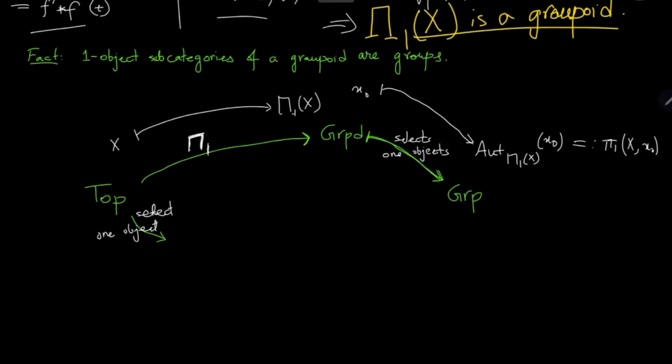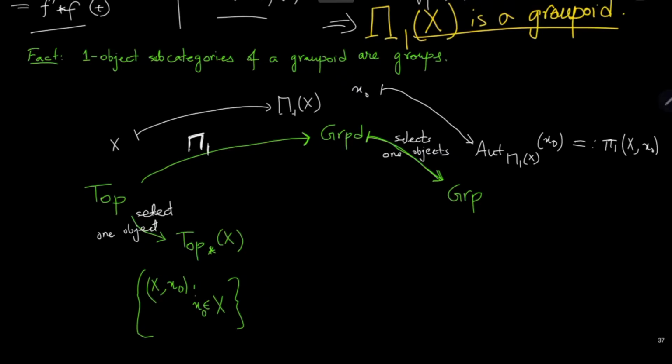So having selected one object, what we get is a subcategory of Top star, which I would like to call Top star of X. So what is this subcategory? This subcategory has objects looking like this, (X, x naught), such that x naught is a point in X. So that is what this subcategory looks like.